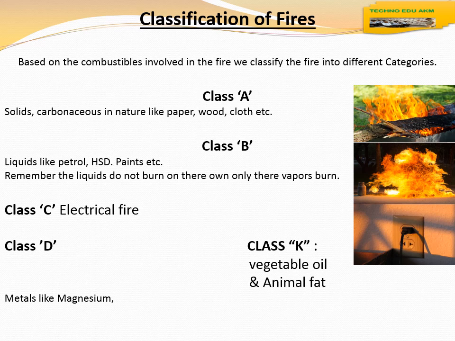But be careful, because when the power source is disconnected, the fire can become a different class of fire, typically Class A. So don't try to put out an electric fire with a water or foam extinguisher, as both of those materials can conduct electricity and potentially make the situation more dangerous.